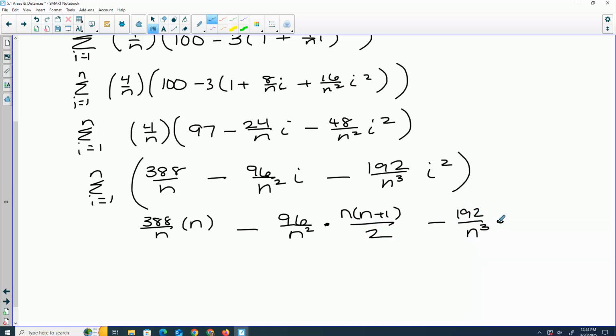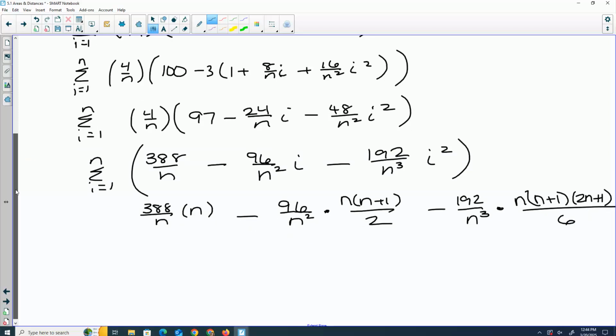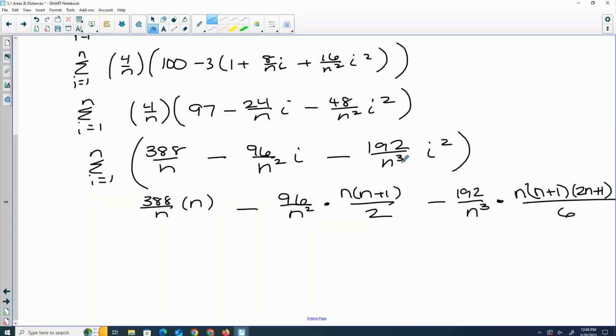What's the formula for the sum of i squared? n times n plus 1 times 2n plus 1 over 6. I looked up at my n cubed and so I was thinking about the cube formula.